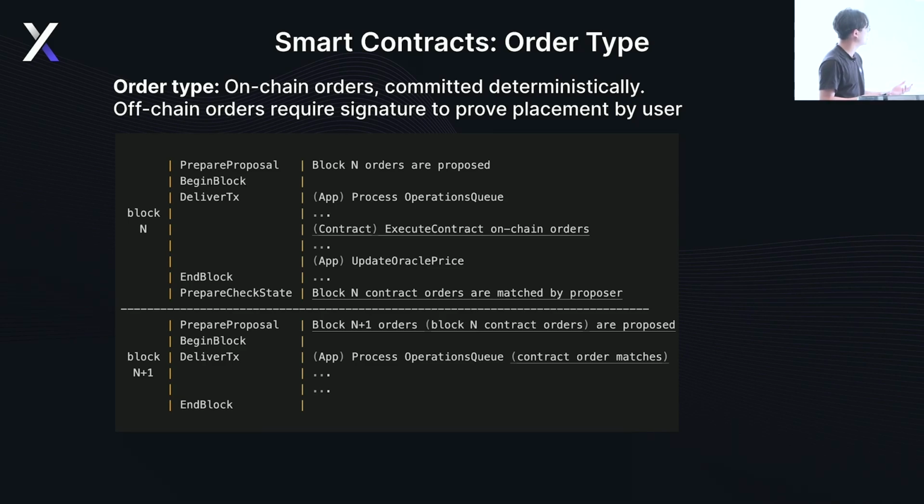Oracle price is updated, and then during PrepareCheckState, which is where the MemClob tries to reconcile the on-chain state against the off-chain state, these orders are actually matched by the next proposer. If this order results in a match, the next proposer will propose this order and put it on chain, and it will be executed just like any other order on block N+1.